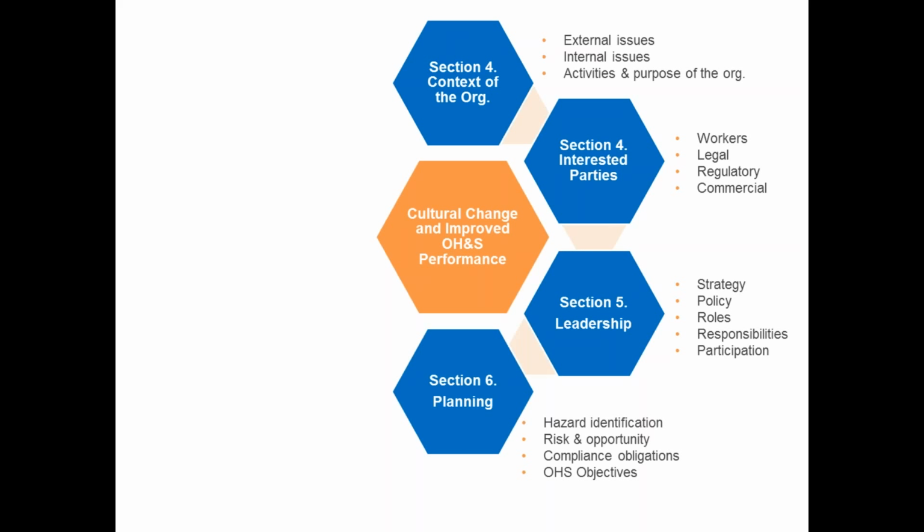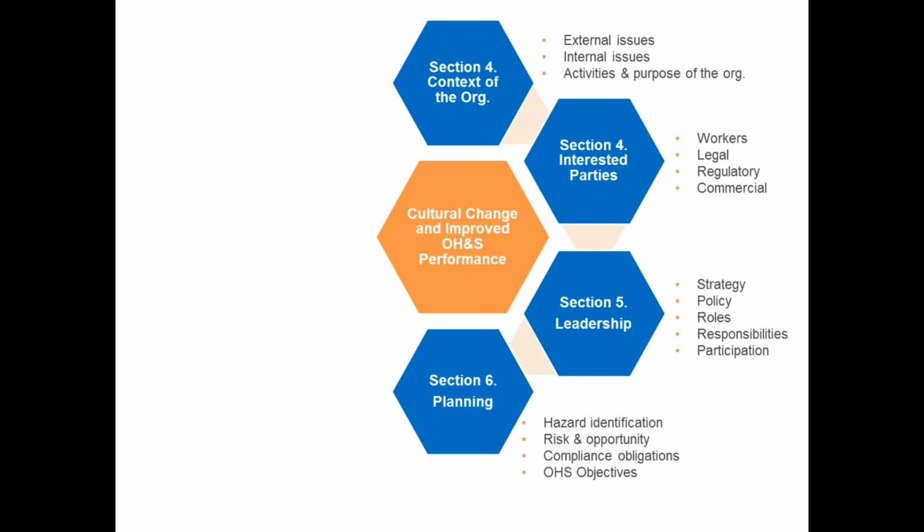Section 4, the context of the organisation, is a really important addition to the management structure. It was probably always considered as part of the management system, but it wasn't formally recognised in the 18001 version of the standard, whereas within this new standard, because it's an ISO standard adopting this framework, it's now recognised, which is comparable to other management systems.